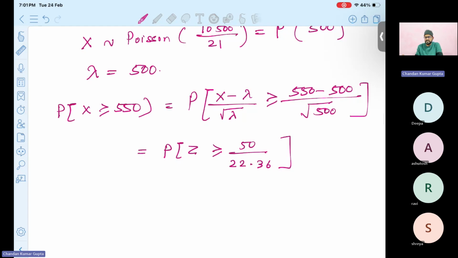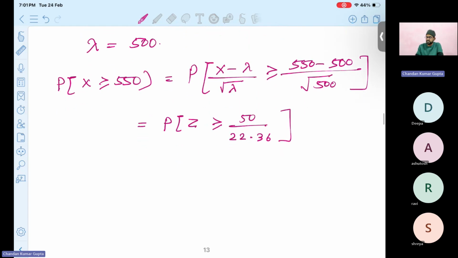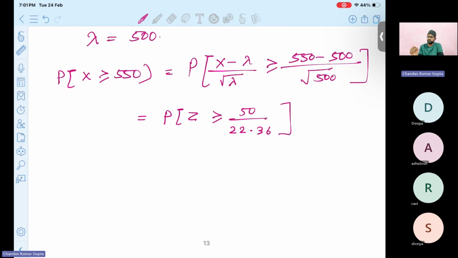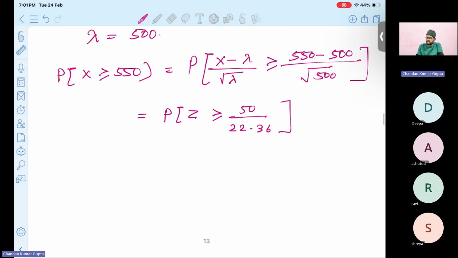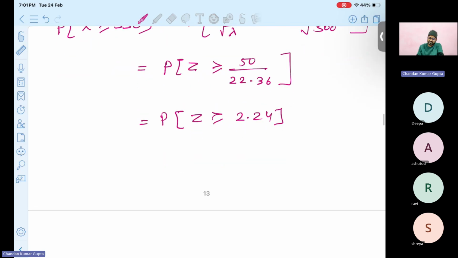Now there is one conceptual thing that we need to focus on, but let me first solve this in this manner and then I will add those points in the same solution. It's very simple actually. Z is greater than or equal to 50 upon 22.36, which comes out to be 2.24.